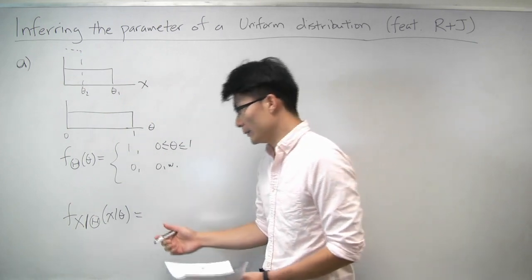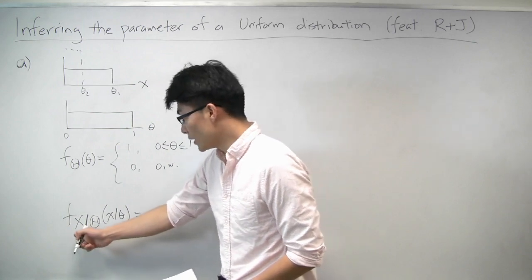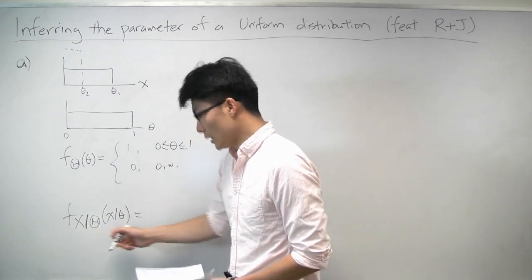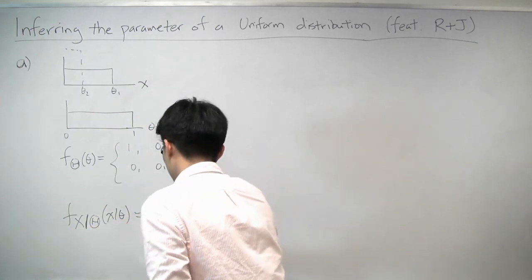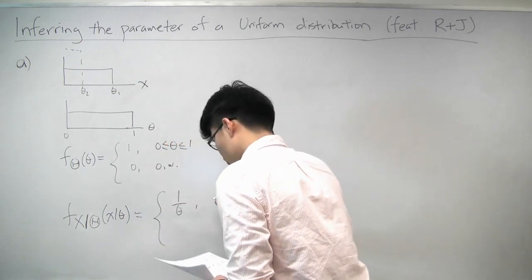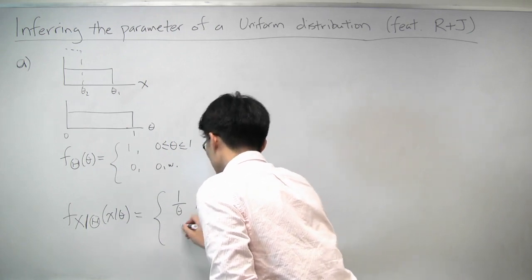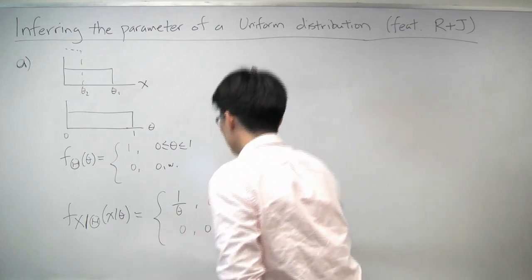And we're told that given what theta is, given what this parameter is, the delay is uniformly distributed between 0 and theta. And so what that means is that we know this conditional PDF. The conditional PDF of x given theta is going to be 1 over theta if x is between 0 and theta, and is 0 otherwise. Right?